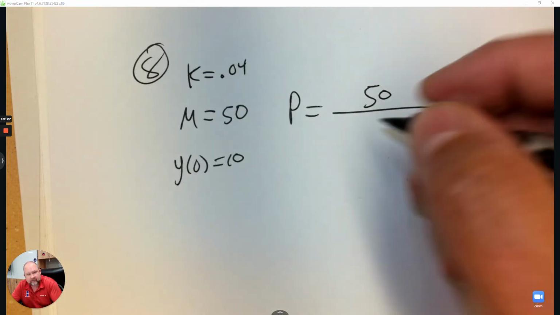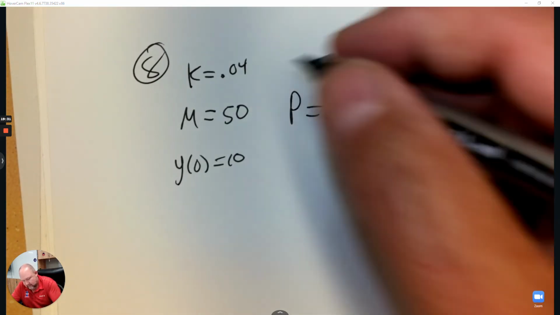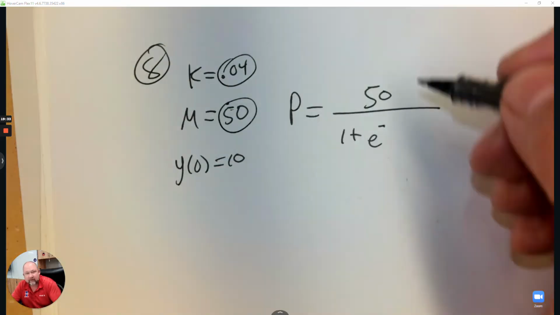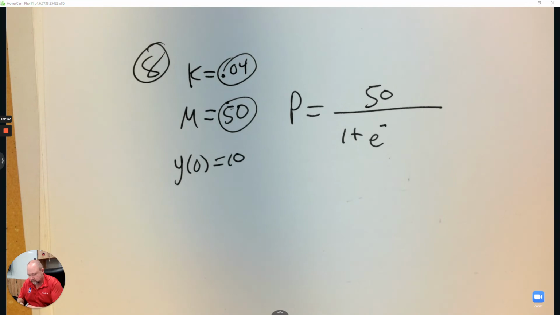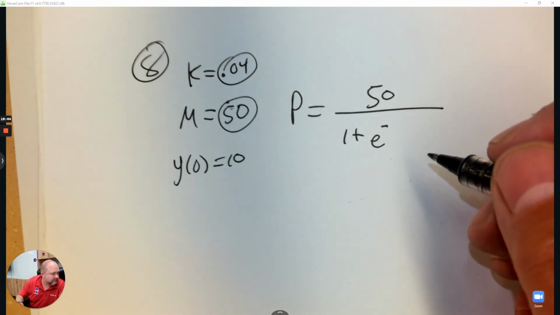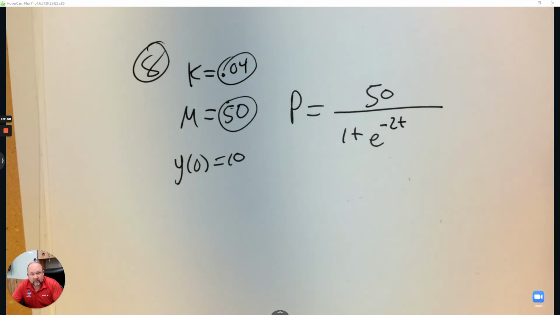So we have 50 over 1 plus C e to the negative. Now if I multiply these together, 50 times 0.04, that's 2. And then T, there it is.